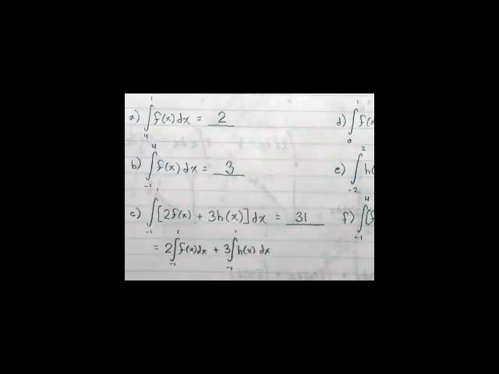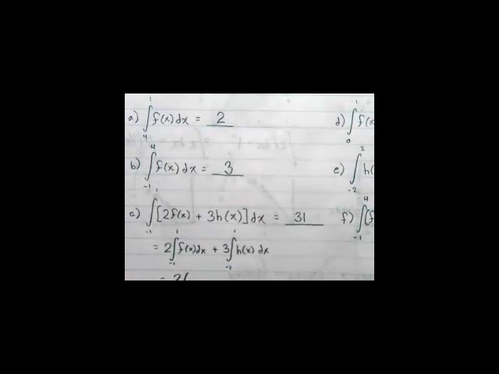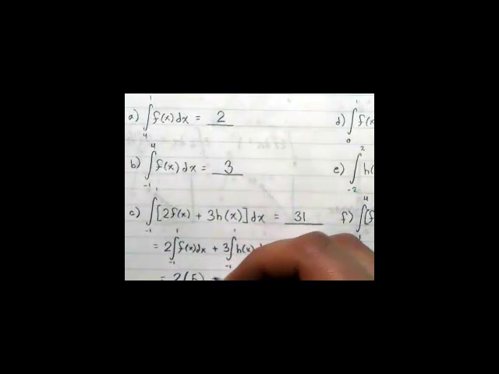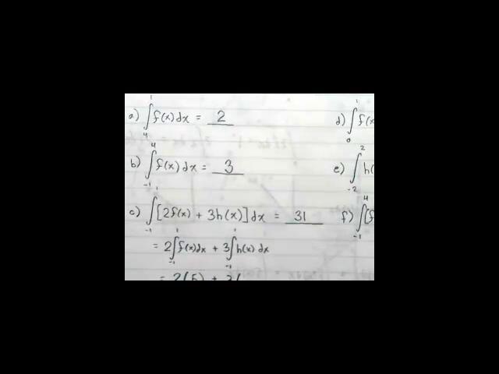In here, so it's going to be 2 times the integral from -1 to 1 of f of x, which is 2 times 5 plus 3 times 3.